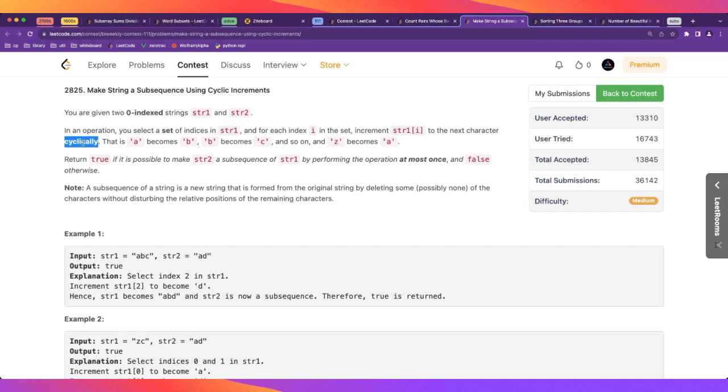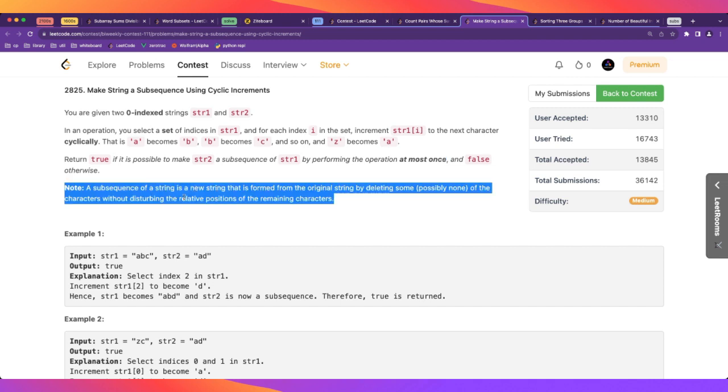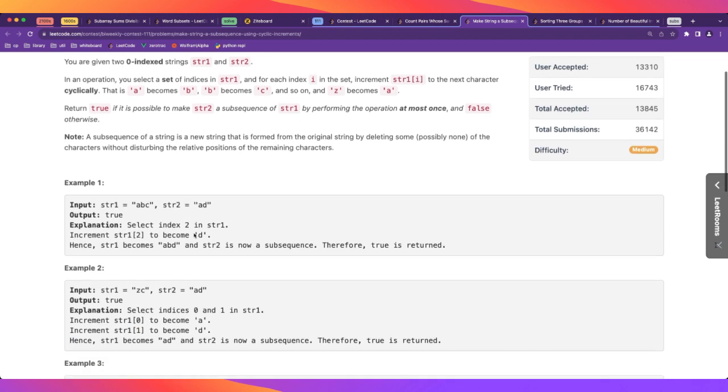Sometimes they call it increment with wraparound, but yeah, here it is explained, and this is the key part, that C becomes A. Return true if it's possible to make string 2 a subsequence of string 1 by performing the operation at most once, and false otherwise. And here we get the definition of a subsequence, which is standard, so I'm gonna skip it.